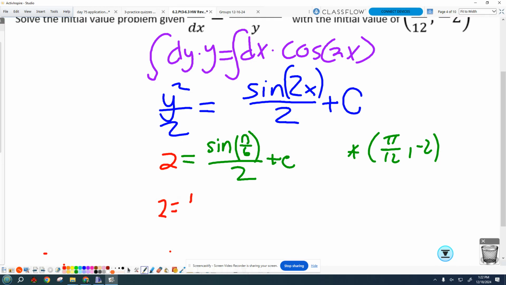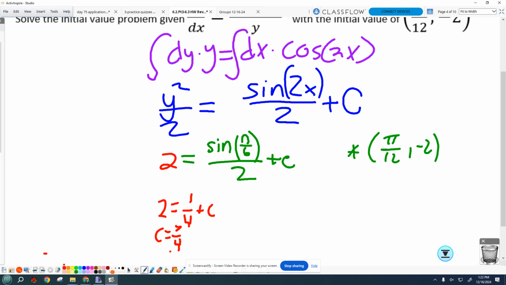Could you have multiplied by 2 for the y squared on the other side? No, because you have to 2C. Okay, so choosing to plug in the initial value here takes a feel for it.